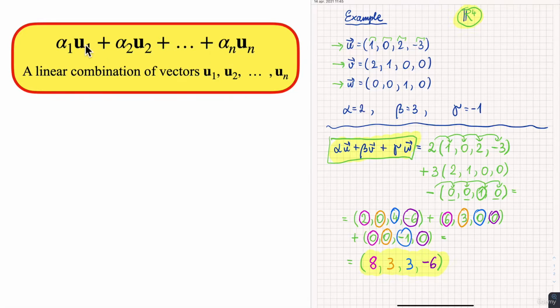In our example, they all belonged to R4, so all the vectors must have the same number of coordinates, otherwise we are not able to add them. And the resulting vector, this linear combination, is a vector of the same kind, meaning belonging to the same space.